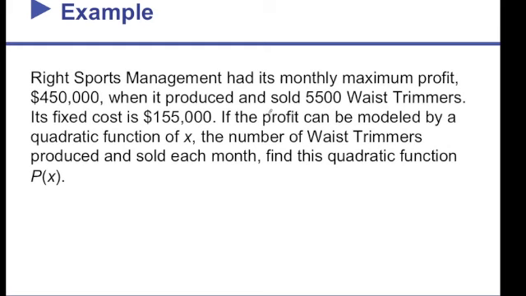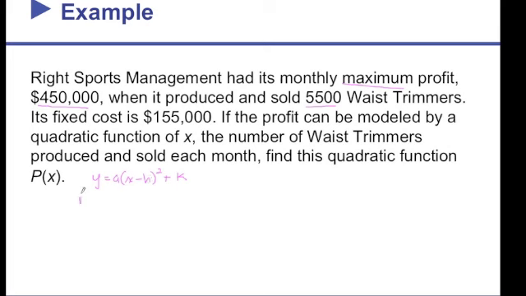Well, basically, it had its maximum profit when it sold 5,500 waste trimmers, and that maximum profit was $450,000. That's our vertex. So we're going to start with the form y equals a times (x minus h) squared plus k.